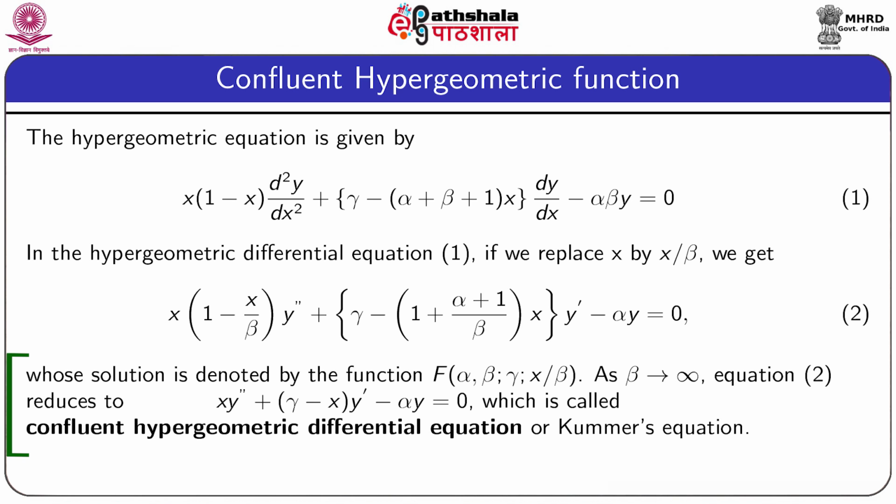This particular term alpha plus 1 divided by beta vanishes, and we are left with the simplified equation of the form x d2y/dx square plus gamma minus x into dy/dx minus alpha into y equal to 0, and this is called the confluent hypergeometric differential equation or Kummer's equation.